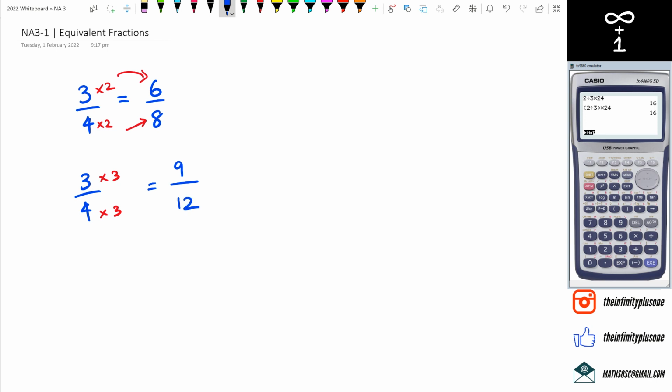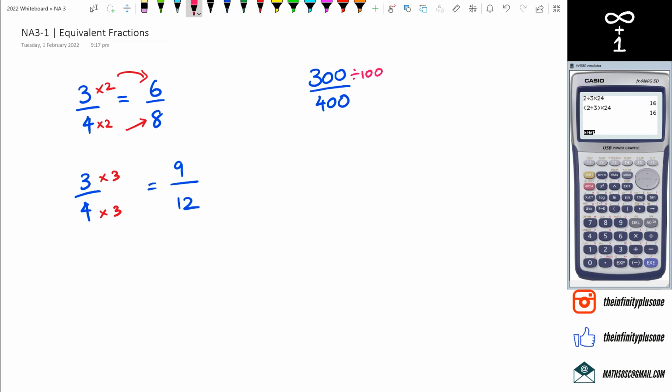Likewise, this actually works going backwards as well. Let's take that 300 over 400. I could see that I can divide both of these numbers by 100.